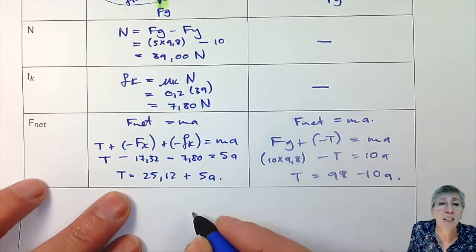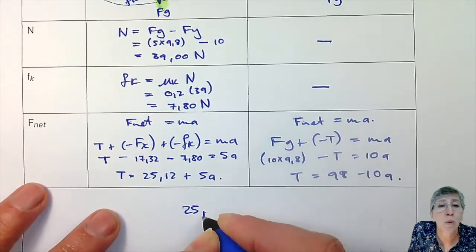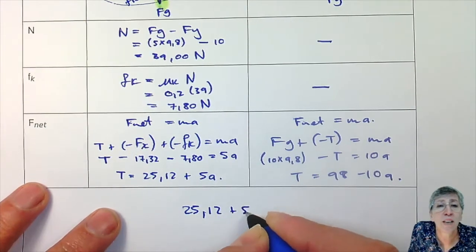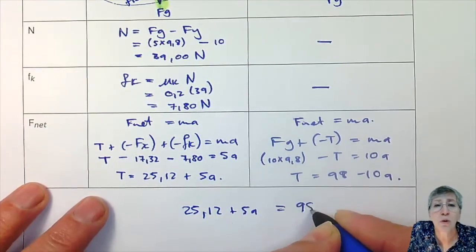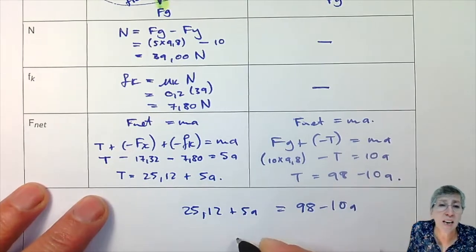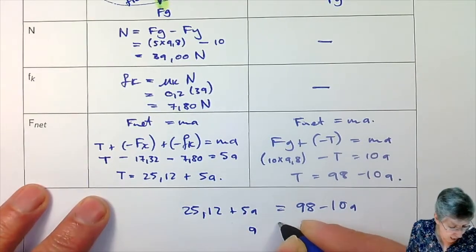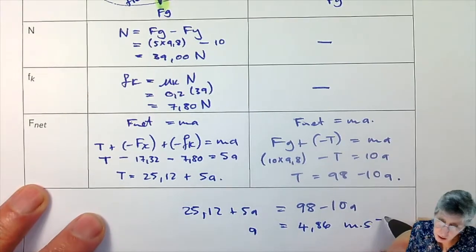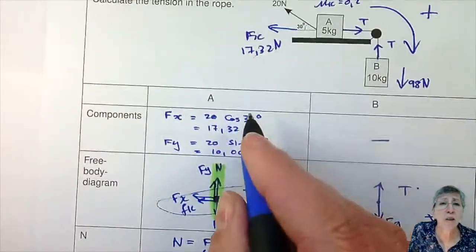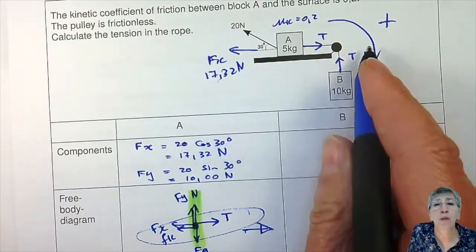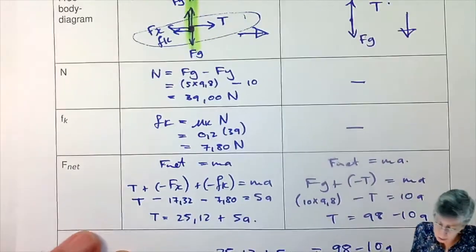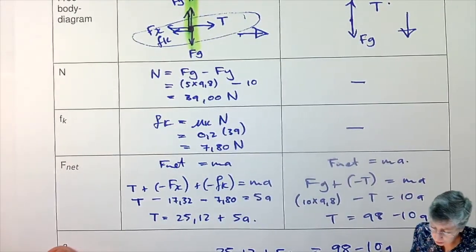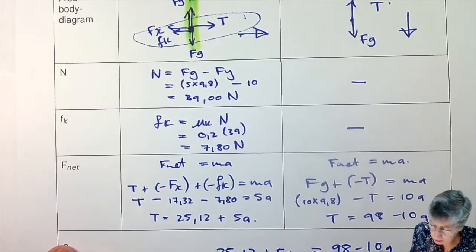This is only magnitude, and therefore 25,12 plus 5a will be equal to 98 minus 10a. I'm solving for a and ending up with 4,86 meters per second square. And obviously for a, that will be to the right, and for b, that will be down.